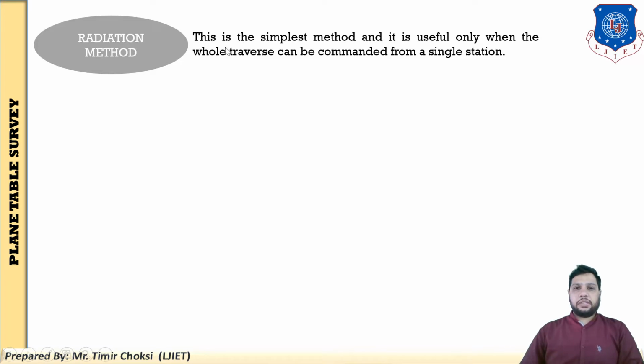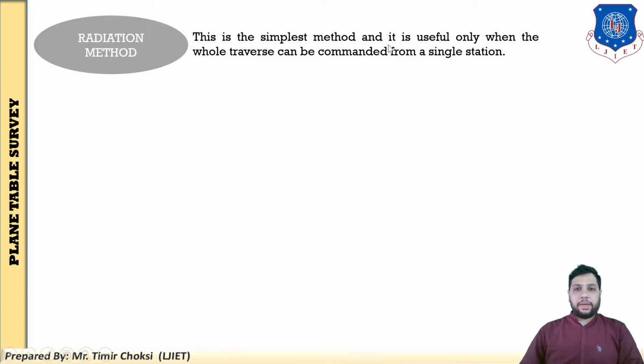First, write the use of radiation. You know that the selection of method depends upon the field condition. If you set up the plane table at only one station and you can command all the objects from that one station, in this type of condition you use the radiation method. It is a simple method for rough mapping areas.